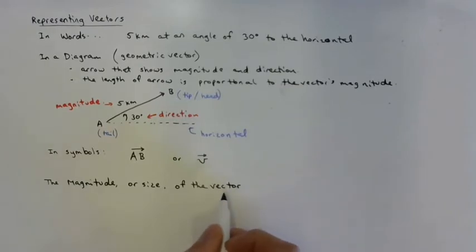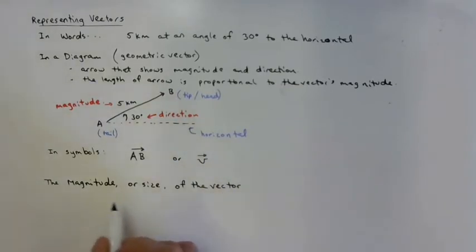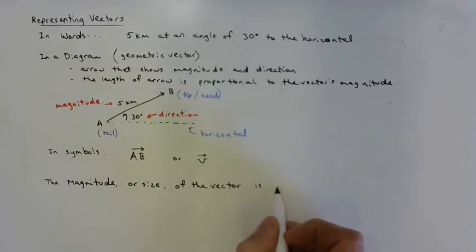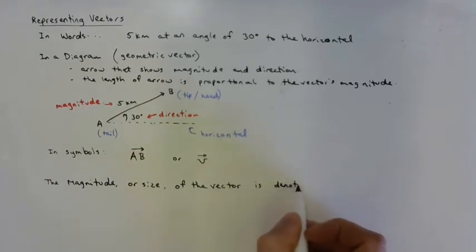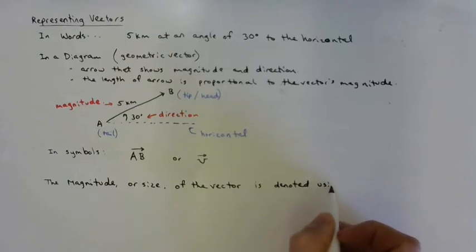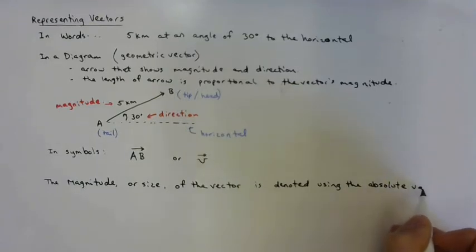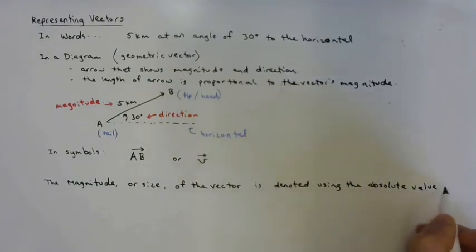So again, we're not talking about direction, which means that this is going to be related to the concept of an absolute value. So the magnitude of the vector is denoted using the absolute value notation or symbol.